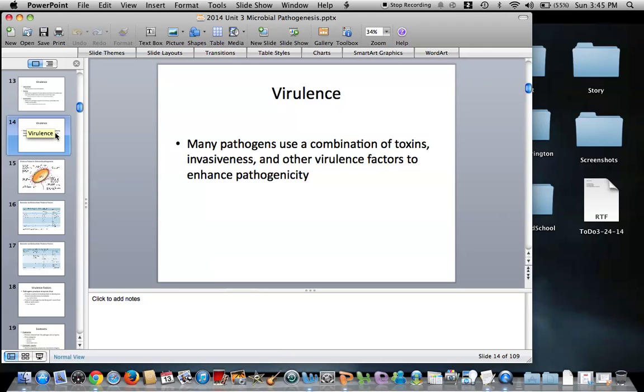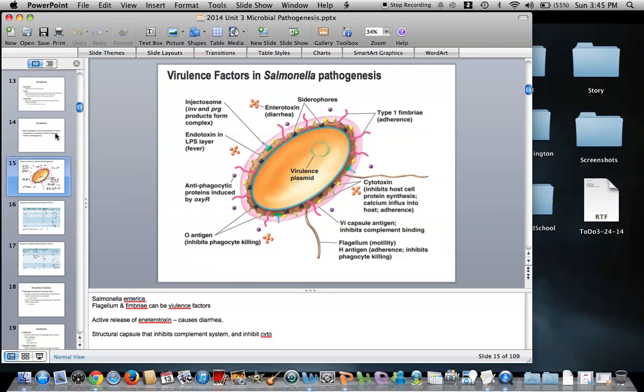Virulence. Many pathogens use a combination of toxin and invasiveness and other virulence factors to enhance pathogenicity. So now this is Salmonella. It's Salmonella enterica, and it has flagella or a flagellum and fimbriae, and it can have virulence factors.